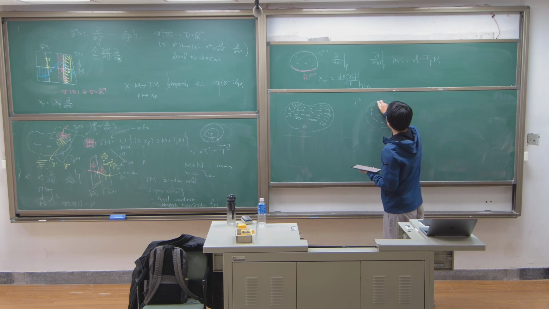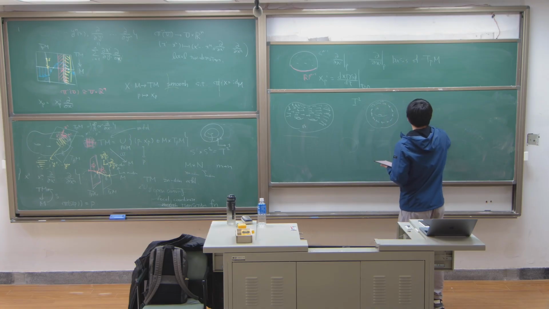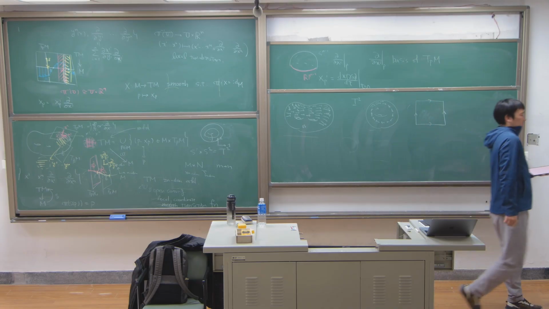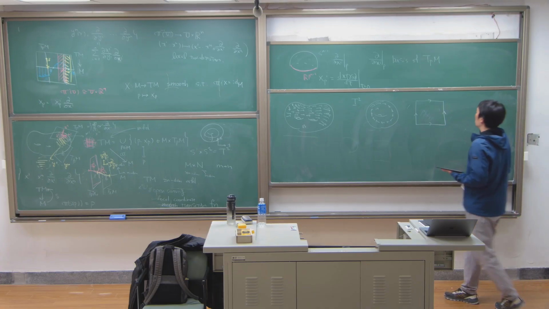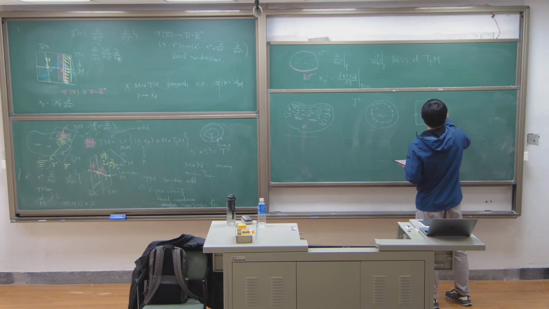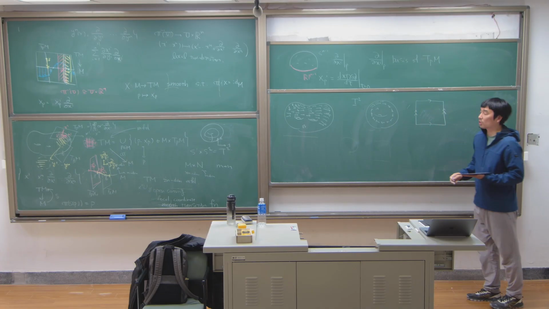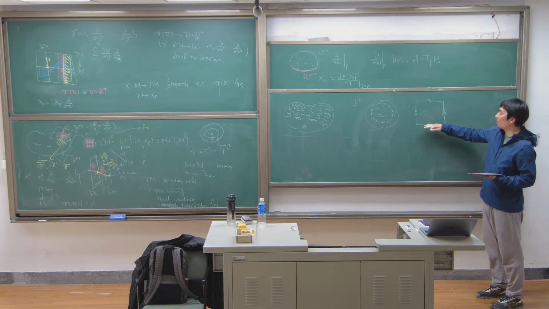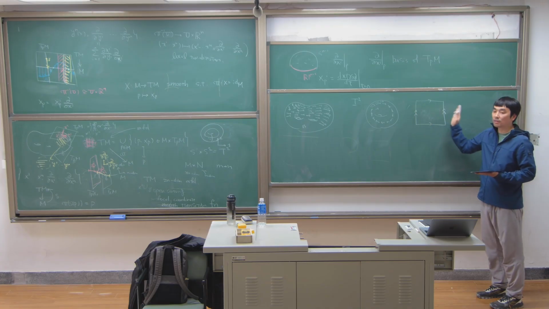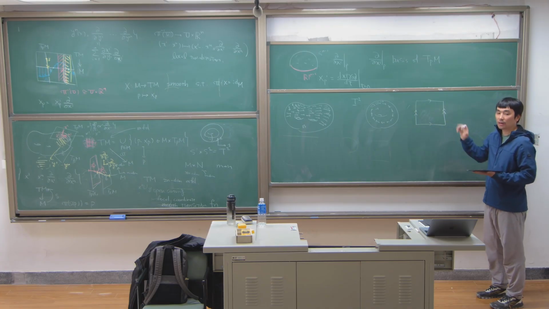You just rotate like this. So this can be understood as follows. The torus can be obtained, as I mentioned, by taking a rectangle and identifying the top and bottom edges and the left and right edges.